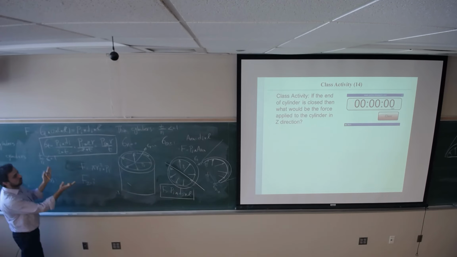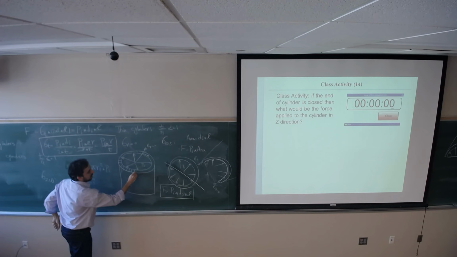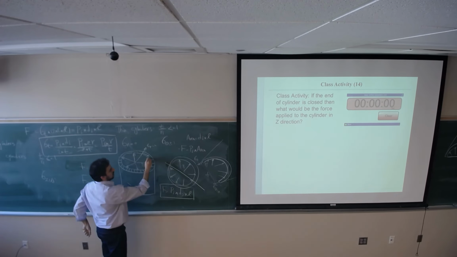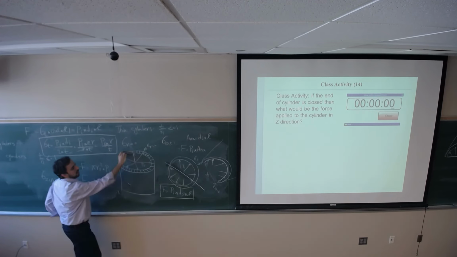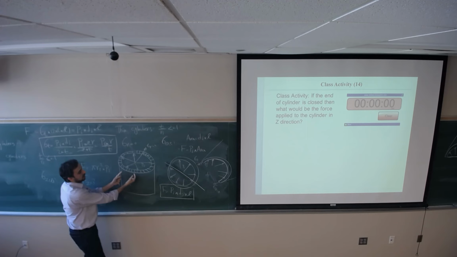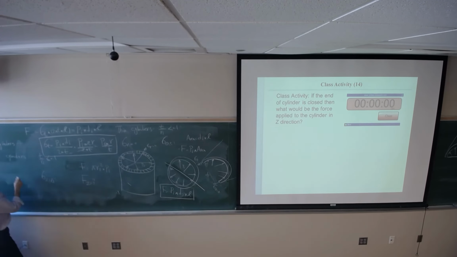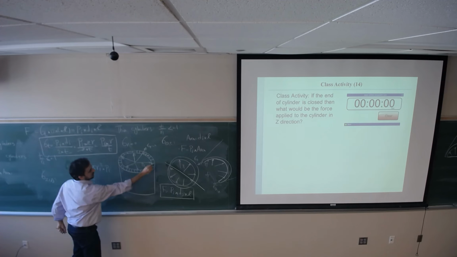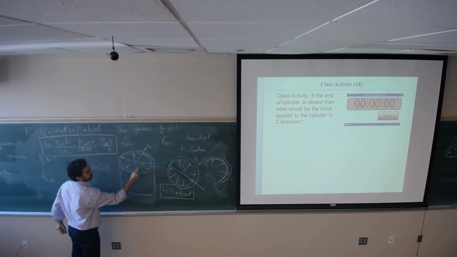So this force is supported by this area. The area is going to support this force, so it's making a stress in the z direction. So sigma z times the area, which is this side, is going to be 2 pi times Ri times the thickness.